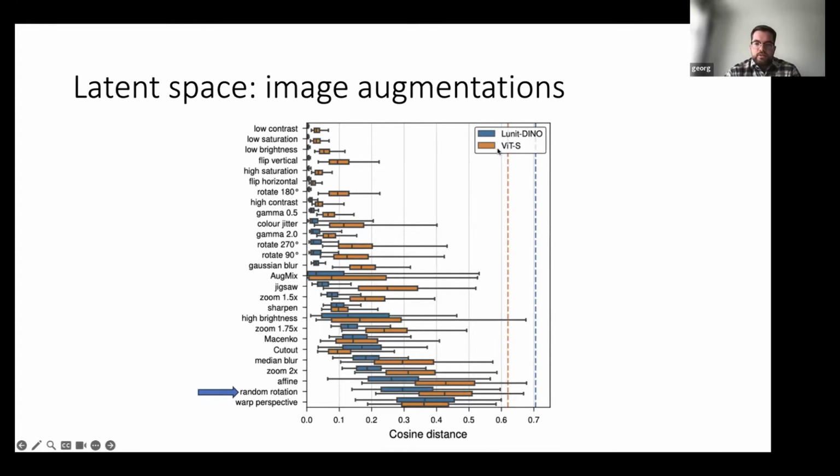And here again, I'm showing those two feature extractors we just talked about, and I'm sorting the order of the augmentations by the Lunit-Dino feature extractor. And you can see the smallest jumps, or the smallest displacements in latent space, are caused by augmentations such as lowering the contrast, flipping the patch horizontally or vertically, rotating it by 90-degree angles, and so forth.